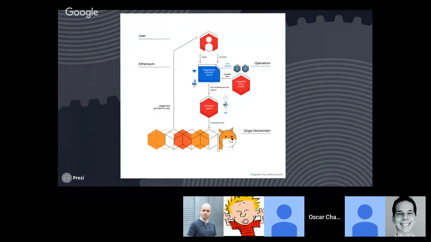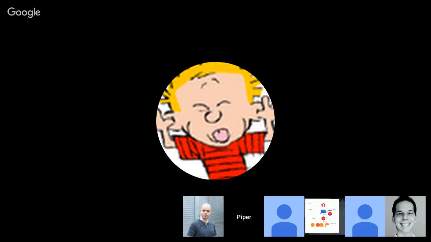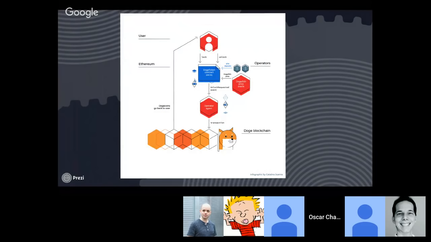All right, so to repeat that back to make sure I understand correctly, operators are not fully bound, so they are capable of moving Doge that they are in custody of. But if they do, there is a mechanism in place for somebody to report this, at which point some sort of slashing condition comes into play. Exactly, yes. Cool, that sounds good.